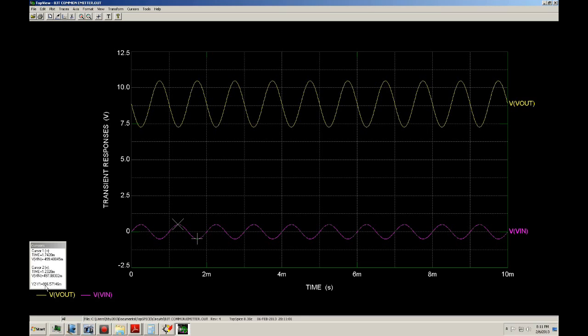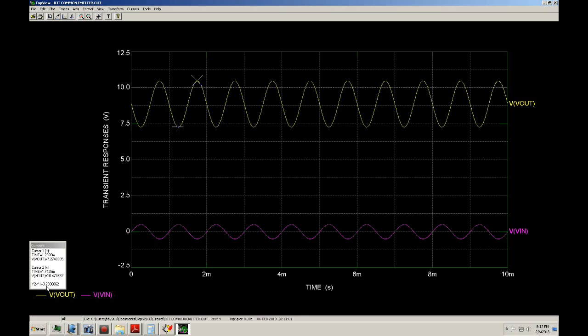See right there, 996 millivolts. So peak to peak is 1 volt, and you want a gain of 3. So this has to be 3.3 peak to peak. So we'll put that there. Bring it over here. 3.2.